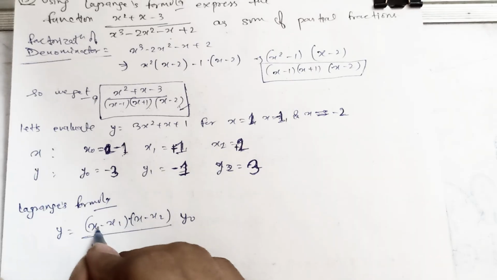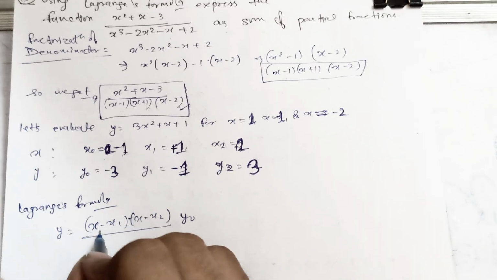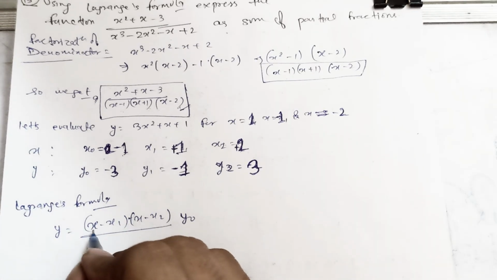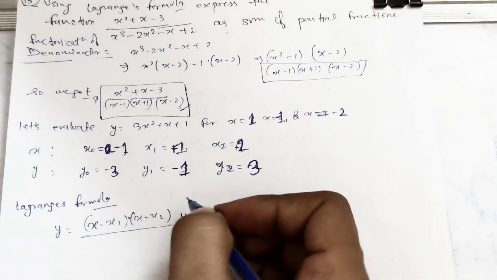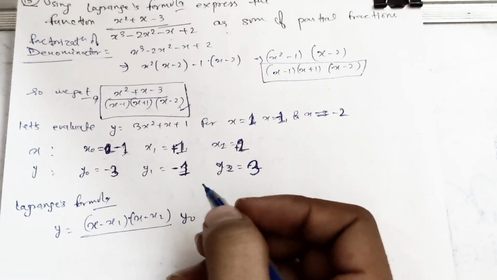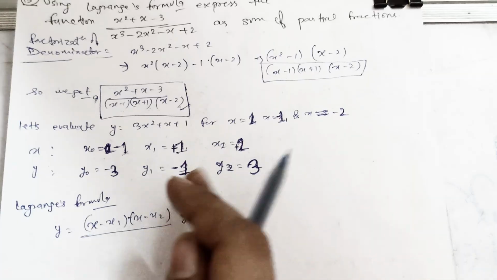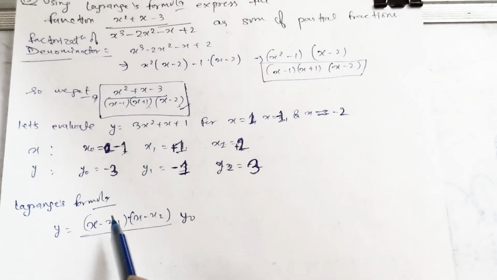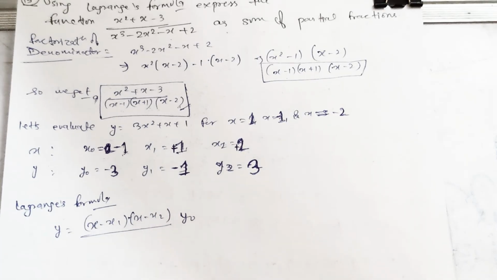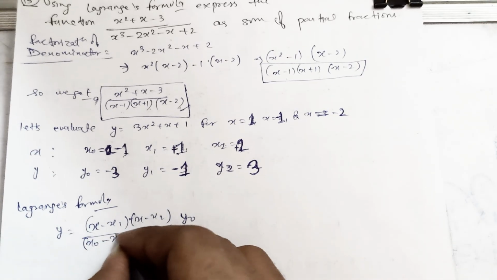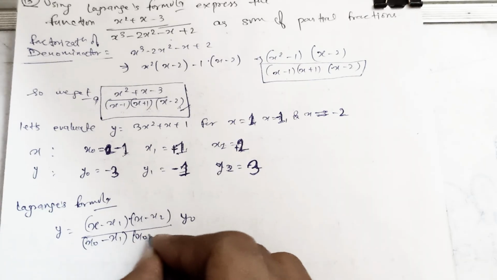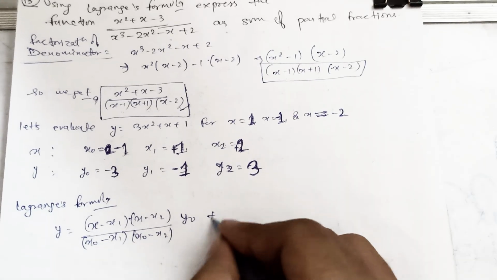In the numerator we always start with the initial x and subtract x1, x2, x3 and so on; since there are only three terms, we use x minus x1 and x2 only. In the denominator we always start with x naught: (x naught − x1)(x naught − x2).